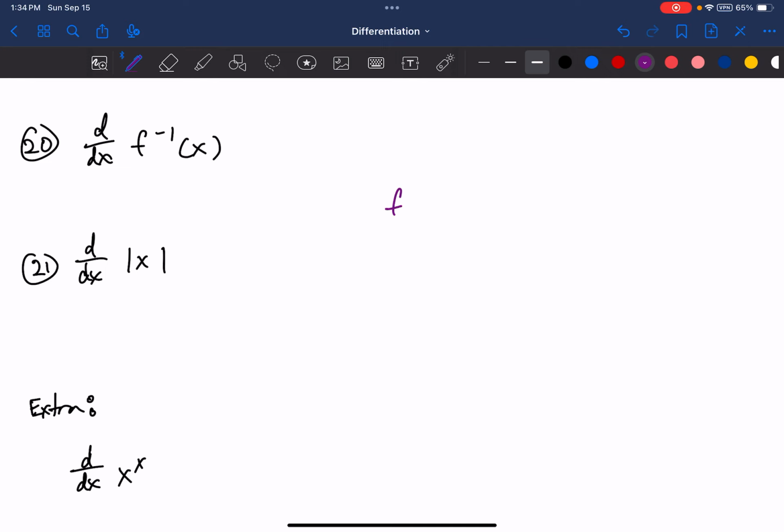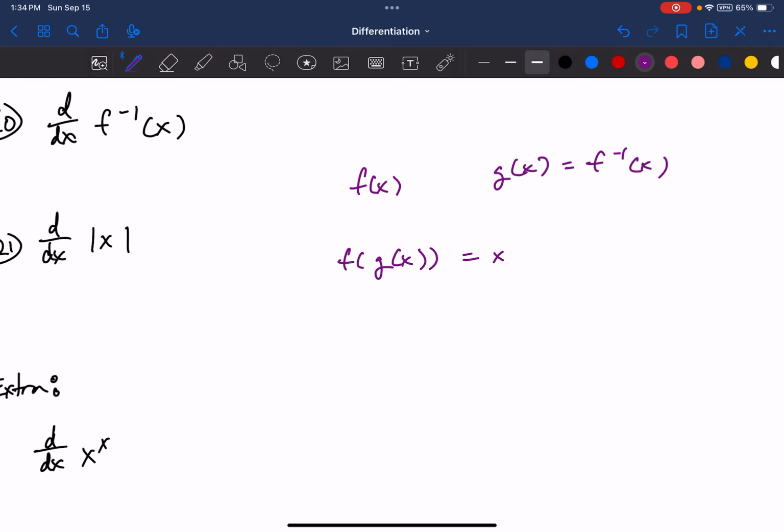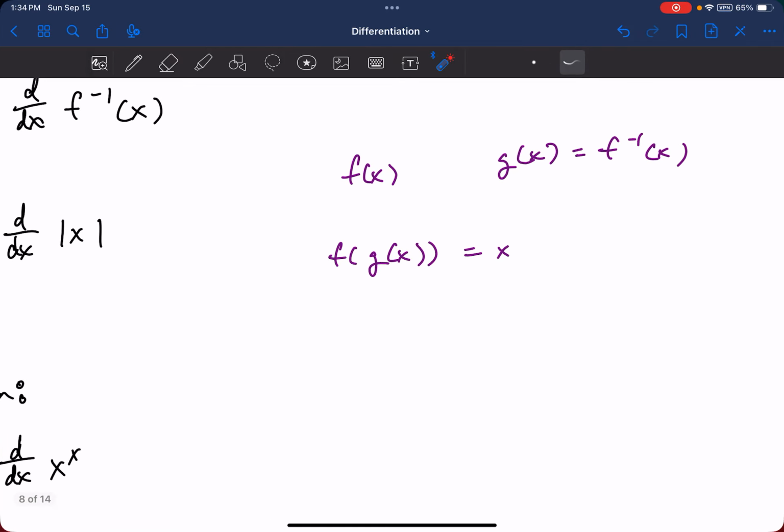Let's say I have f of x, and then I have g of x, but g of x is actually the inverse function of f. Sorry, this is x. So if I write something like this, right? This is the function here, this is the inverse function, so this will just turn out to be x.